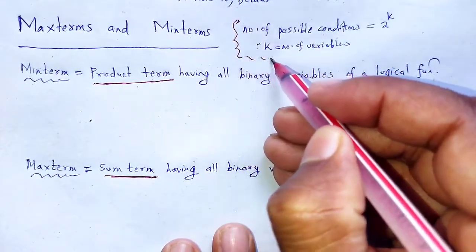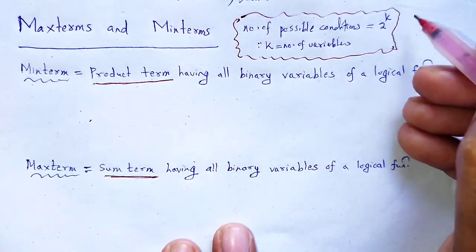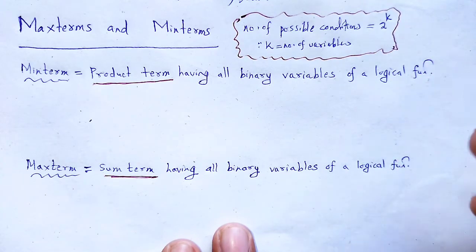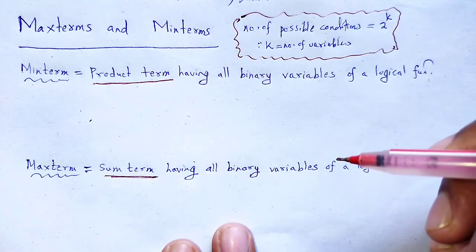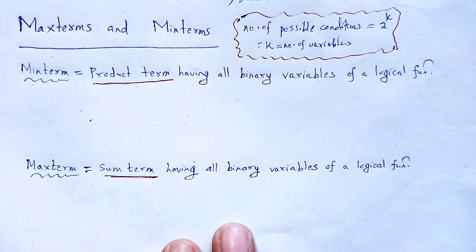If we choose two variables, 2 to the power 2, that will be 4 possible inputs. If we choose 3 variables, then the possible inputs will be 2 to the power 3, that will be 8.